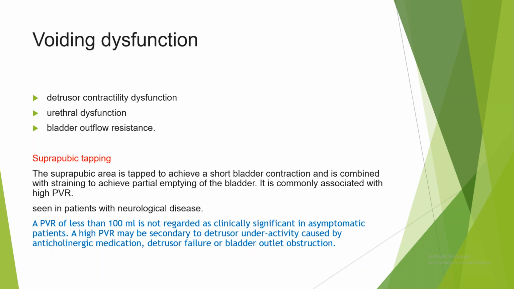When the suprapubic area is tapped, it will cause a short bladder contraction, and with straining, it will achieve partial emptying, like whatever we have seen in the C. Usually in these cases there is high PVR. So we have to take into account all the factors, like what her PVR is, and then we can diagnose. Only voiding studies or only pressure studies, we can't diagnose anything. We have to take all these things into consideration.